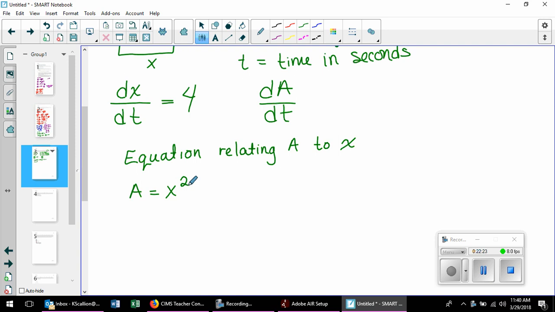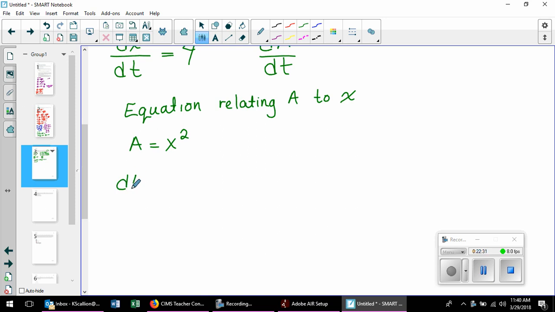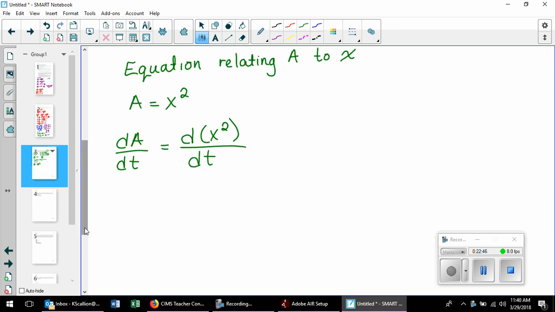Right? So once you have the equation, we're going to differentiate both sides. So d of A over d of T. Oh wait, that's what I'm looking for. And now I'm going to differentiate my x squared over d of T. All right, so there's nothing actually to do on the left-hand side here, but there's stuff we can do on the right-hand side.